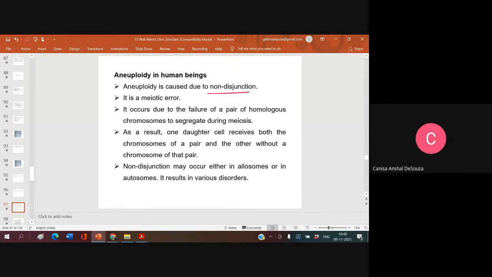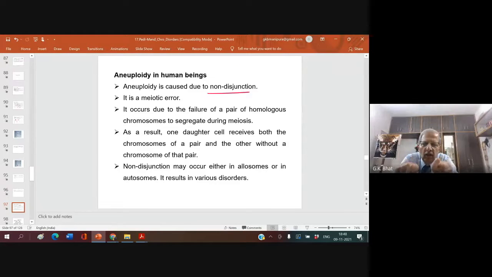Now, during zygotene, what happens? Leptotene, zygotene, pachytene, diplotene, diakinesis are the five stages of meiosis 1. During zygotene, there appears attraction between the paternal and maternal chromosomes, and they come together.